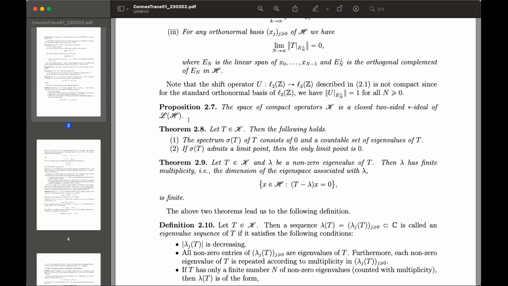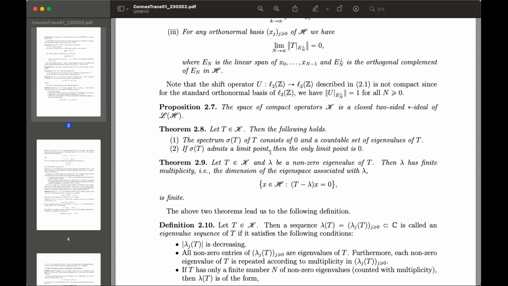Well, we can of course discuss the spectrum of an unbounded operator. For example, the Laplacian on a compact manifold is an unbounded operator on the L2 space associated with the measure given by the Riemannian metric.